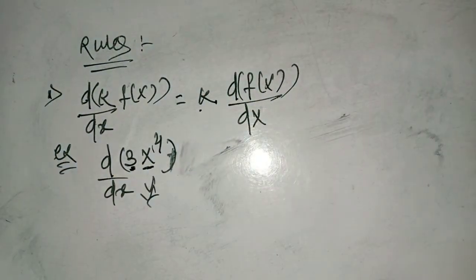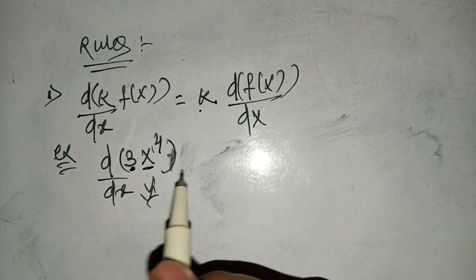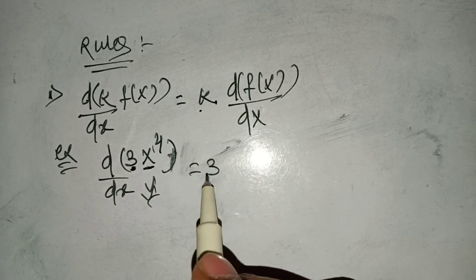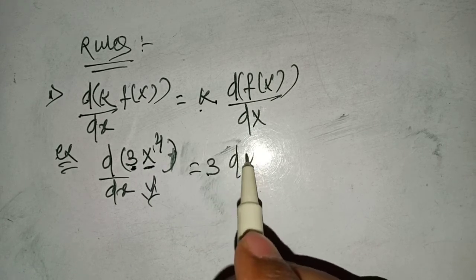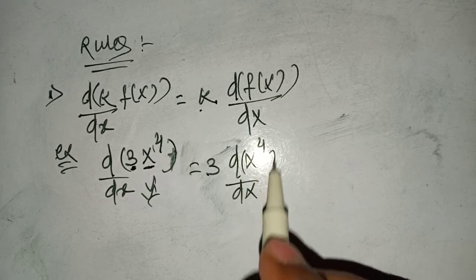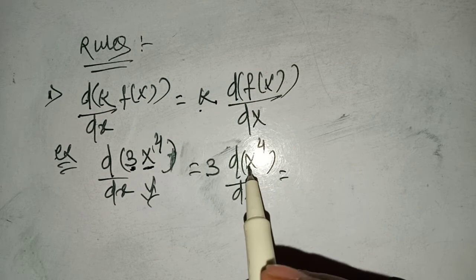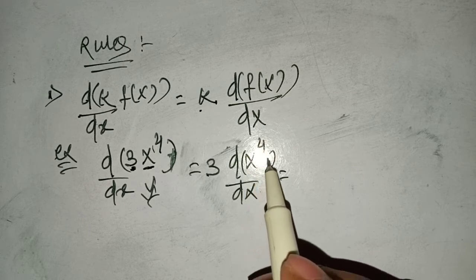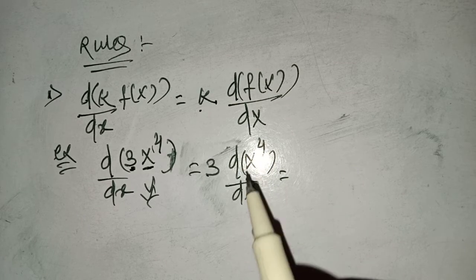So look, here k is 3, a constant, so 3 will come out. Then d x to the power 4 by dx. Next we will use the formula for dy by dx of x to the power n.